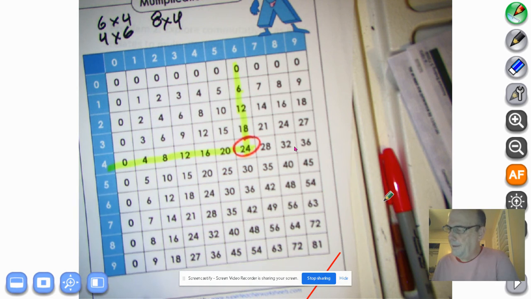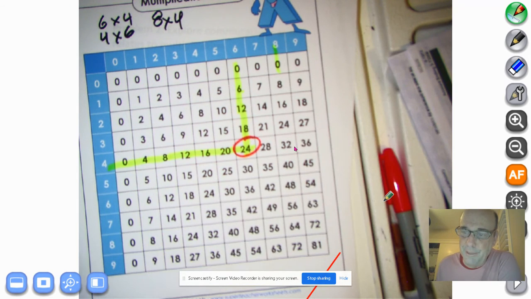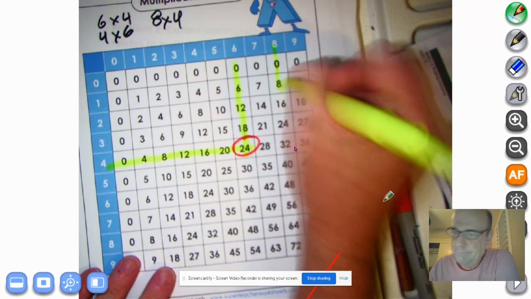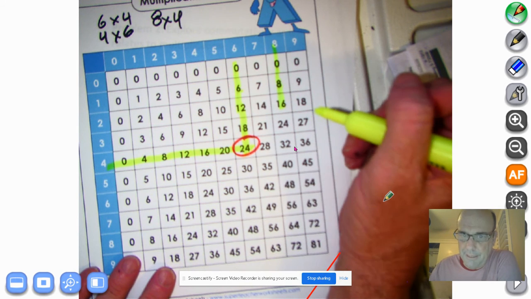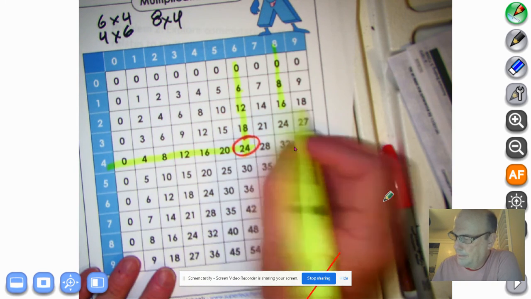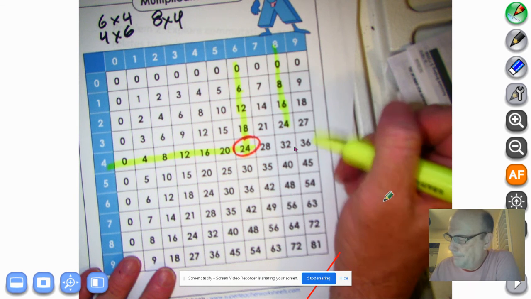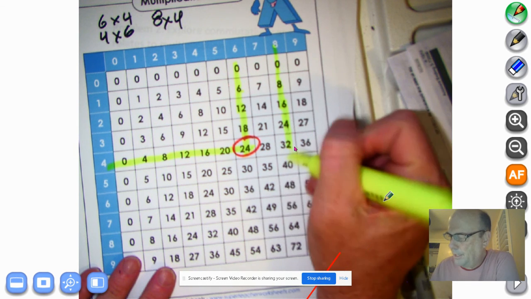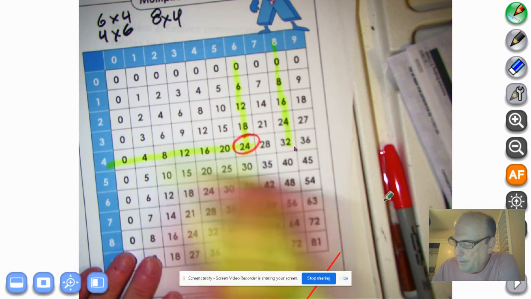Here's 8. 8 times 0 is 0. 8 times 1 is 8. 8 times 2 happens to be 16. See, there's the 2, there's the 8. 8 times 3 is 24. And 8 times 4, it looks like it's 32. See how that works? 8, and we go across to 4.